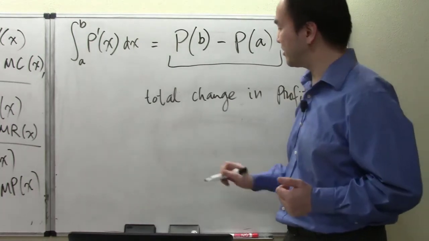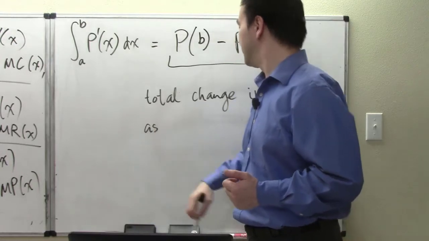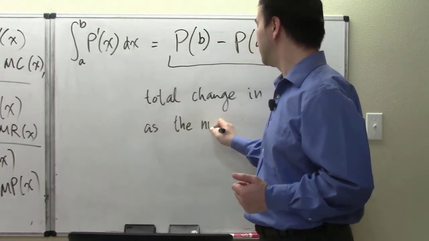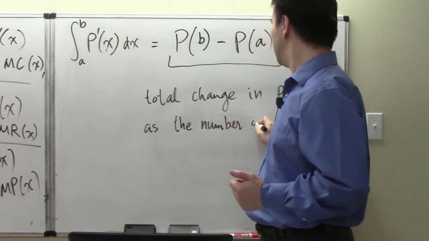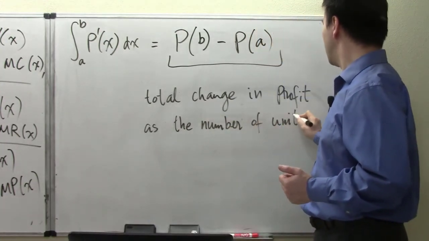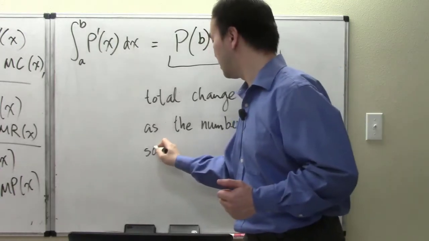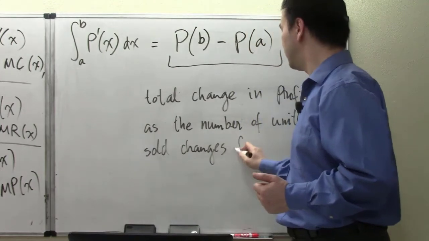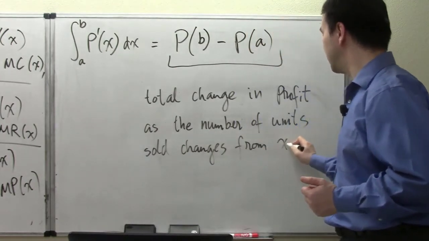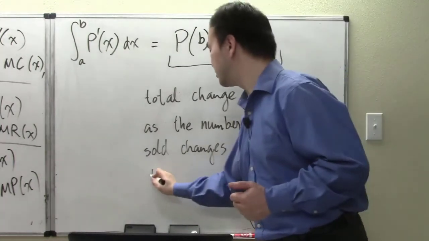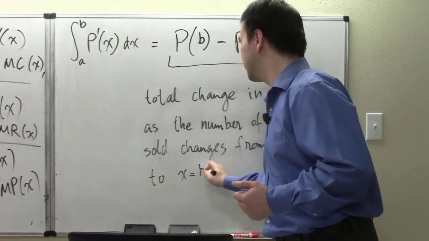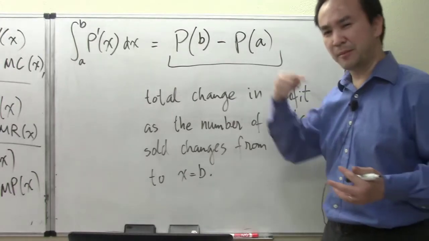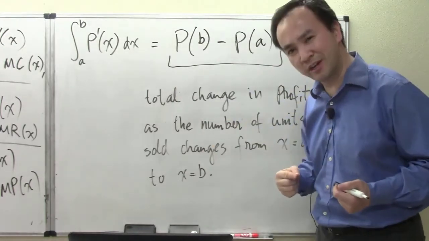Okay, it's the total change in profits as the number of units sold changes from x equals a to x equals b units. And once again, that's just that exact same fundamental that we keep circulating around with that.